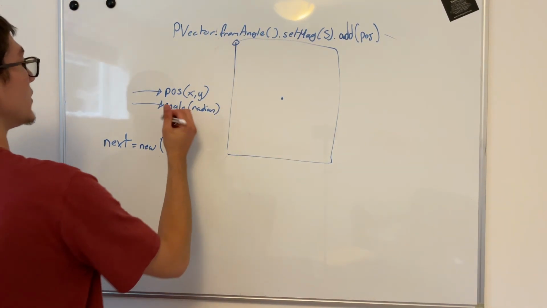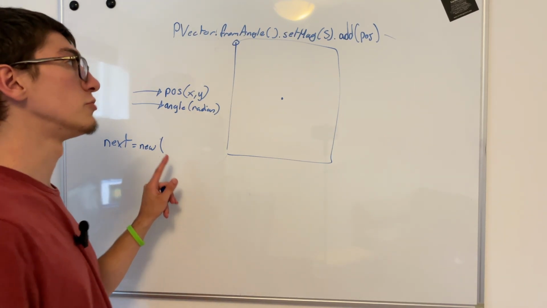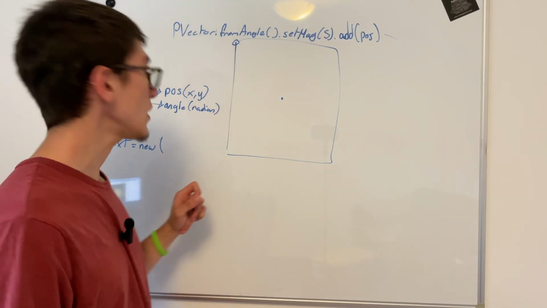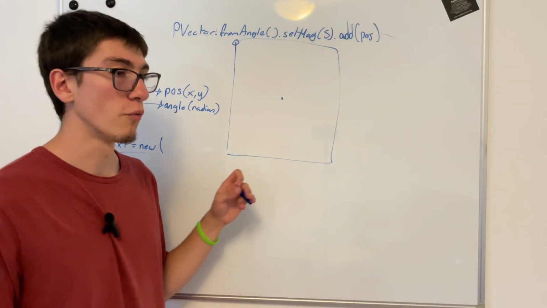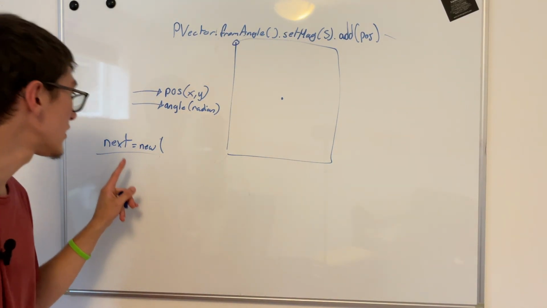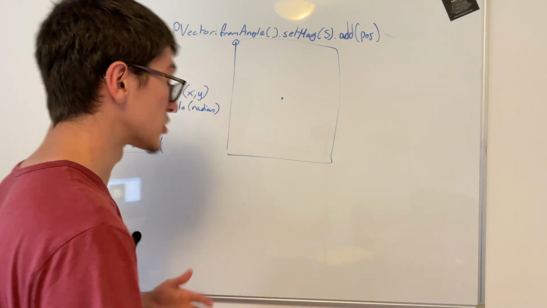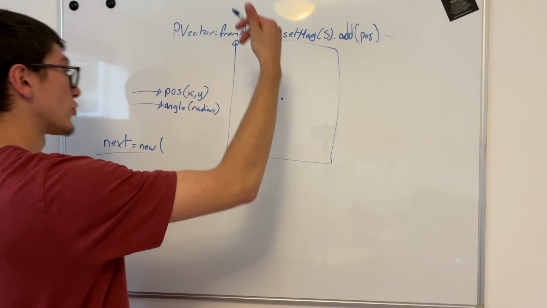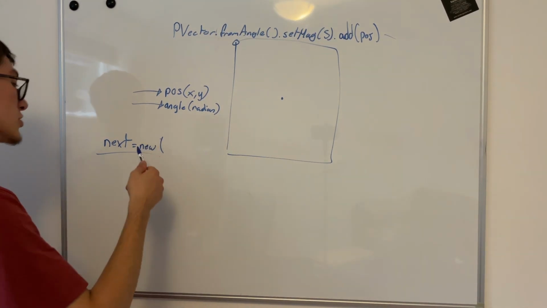And I'm thinking we pass a third argument to create our new branch, because we're going to create the next branch within the constructor of the branch itself. So I'm thinking we will need some kind of exit condition, right? Because otherwise it'll just do an infinite recursive call, trying to create infinitely many branches.